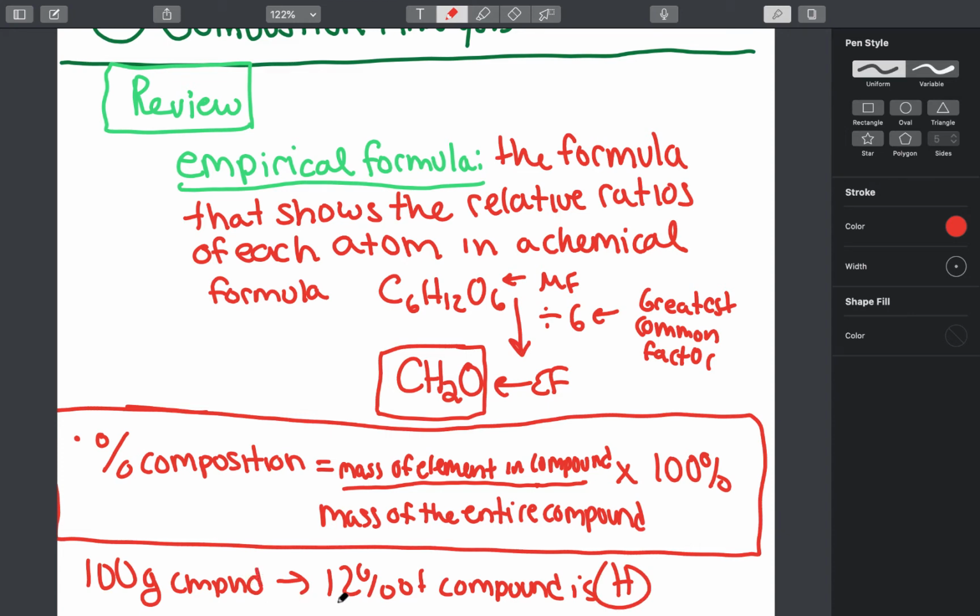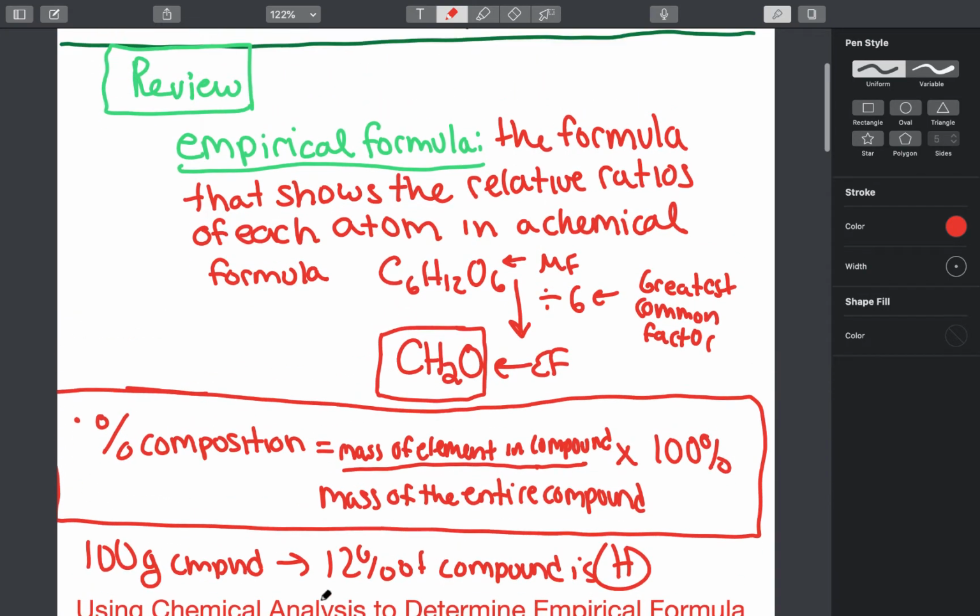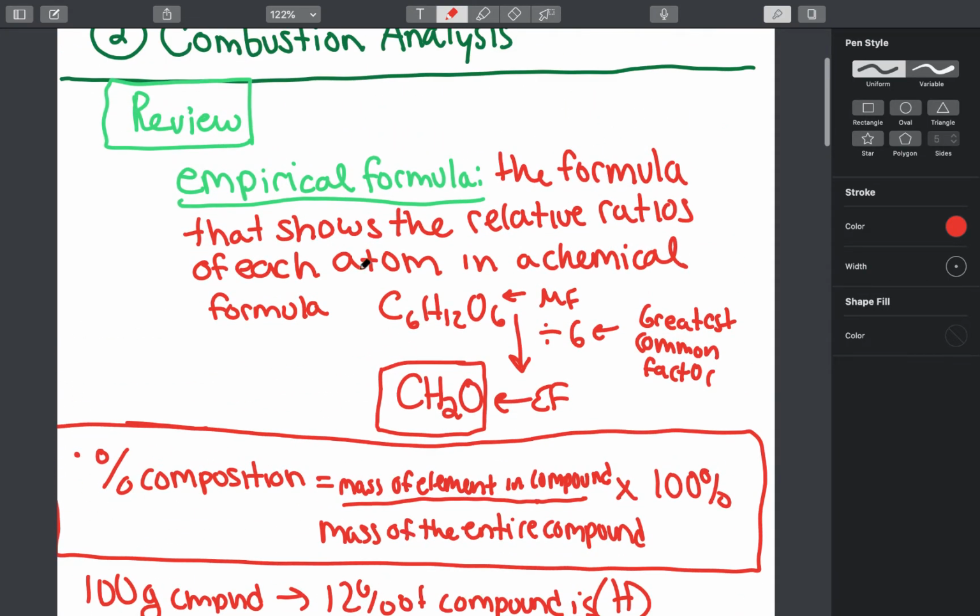Well, all you would have to do is take 0.12, because that is the percentage in decimal form, times 100 grams, and when you multiply this together, you get 12 grams of hydrogen. Okay, so that's all percent composition is basically telling you: how much of a particular element makes up the compound.